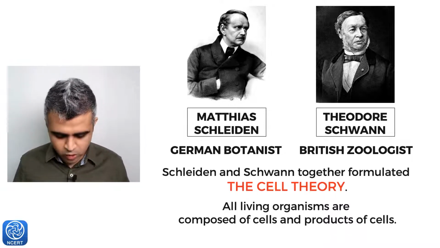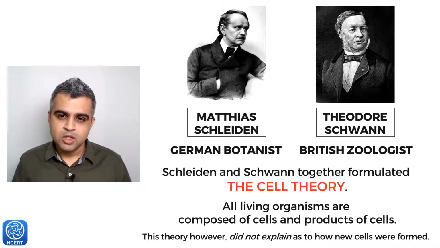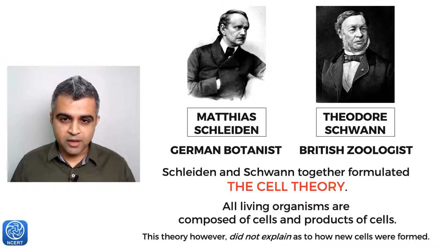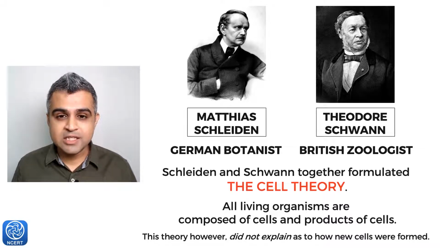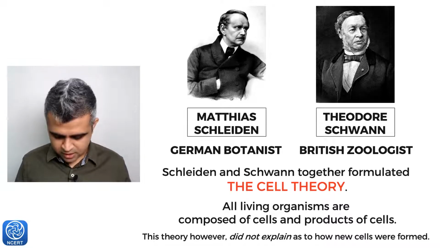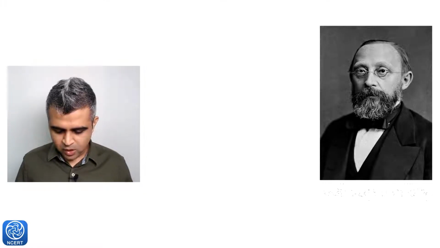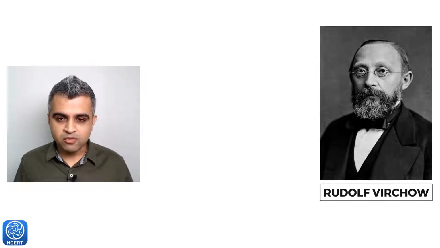However, they could not explain how new cells were formed. They were able to say that everything was made up of cells, whether plant or animal, but they did not know where cells were coming from. That brings us to the next scientist, Rudolf Virchow.